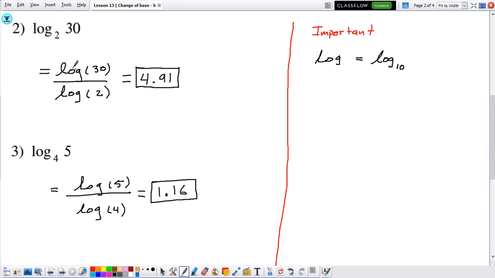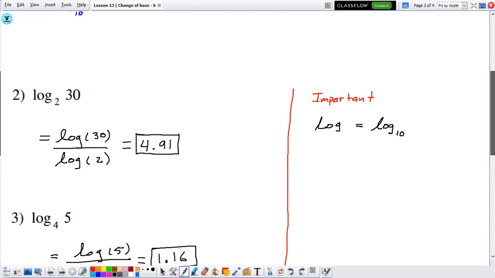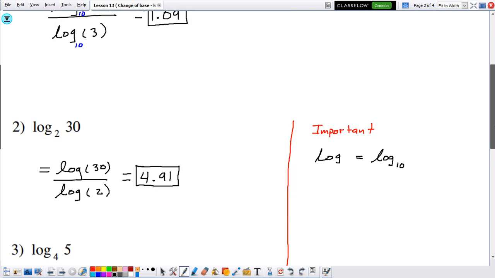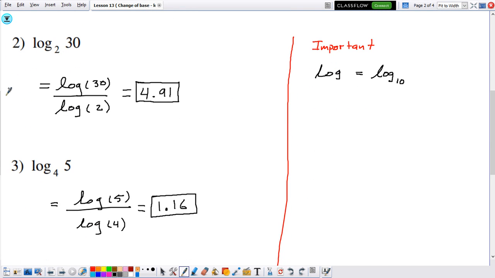Notice that when I started the video, I had to write the 10 there because if you just see a log, you're going to assume that there's a 10 there. That's why in example 2 and example 3, I didn't even write the 10, because you will assume that if I just write log, then that is base 10. So this is pretty important here. If it doesn't have a base, then you're going to assume it's 10.